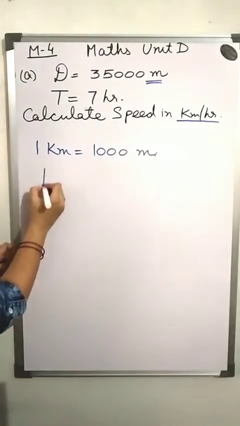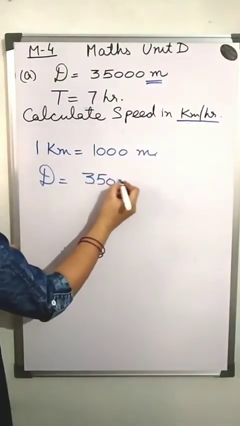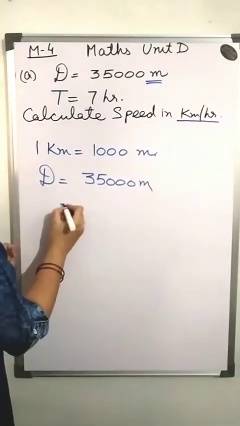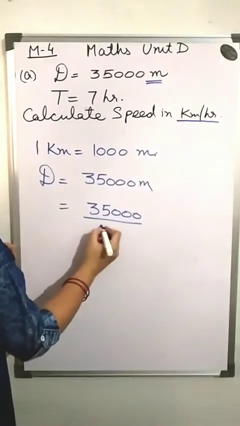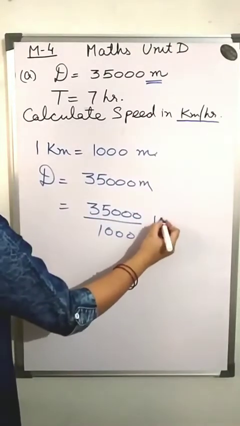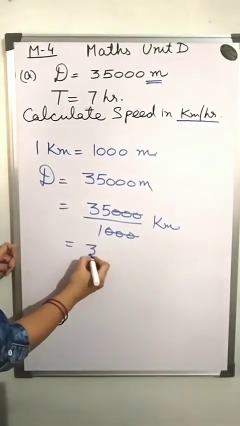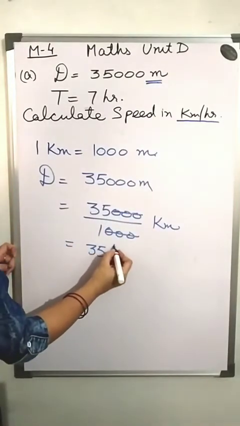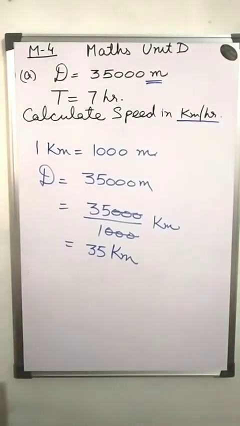So distance is equal to 35,000 meter. If we divide this by 1,000, it becomes kilometer. Now cut them. The answer is 35 kilometer.